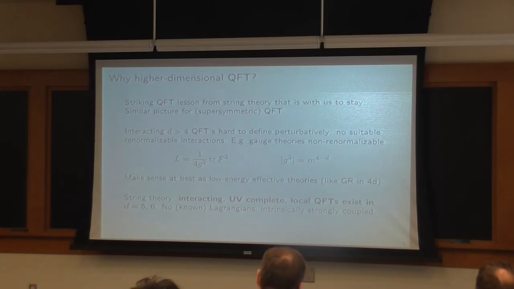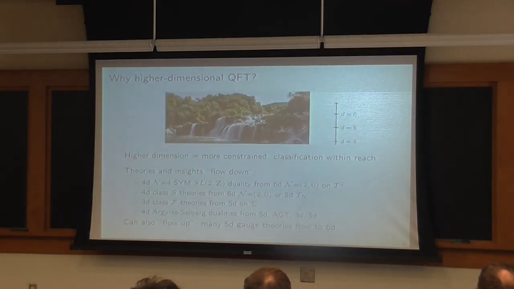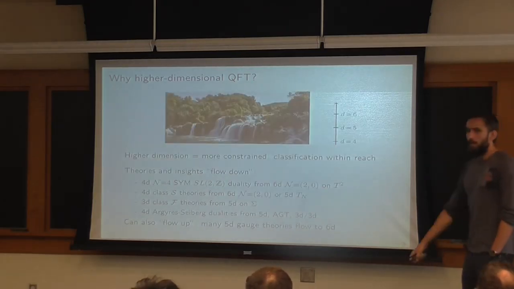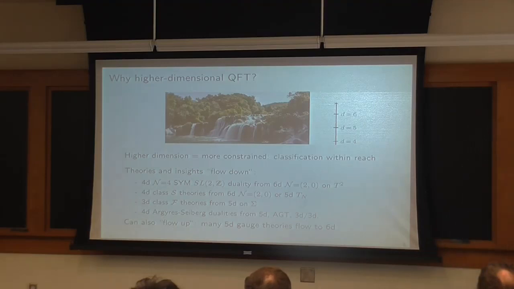So the idea is, the claims that these theories exist, and they make sense. And they not only exist and make sense, they're actually useful. And the point here is that the higher you go in dimensions, the further the theories are constrained. So in the list of superalgebras, which I had a few slides ago, there were a few entries in 5 and 6, and then there's a lot as you go down in dimensions.